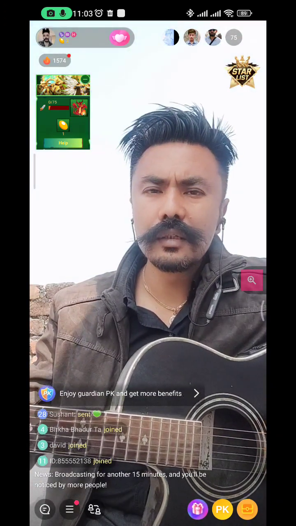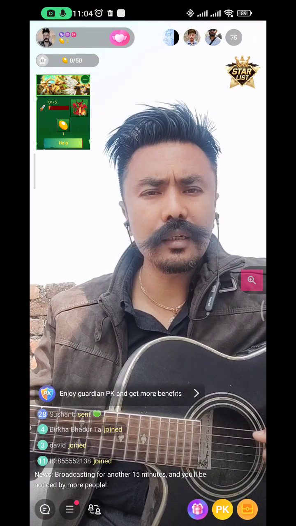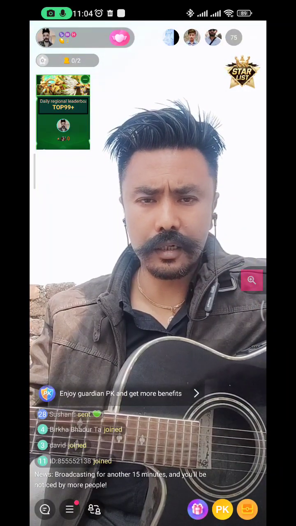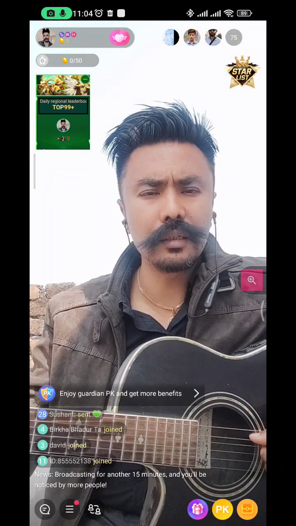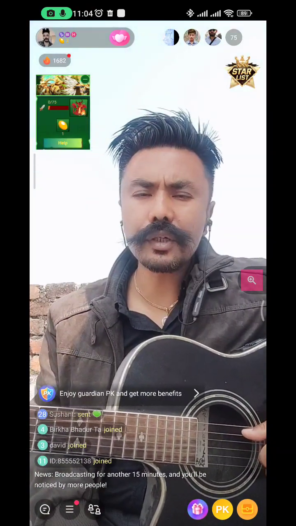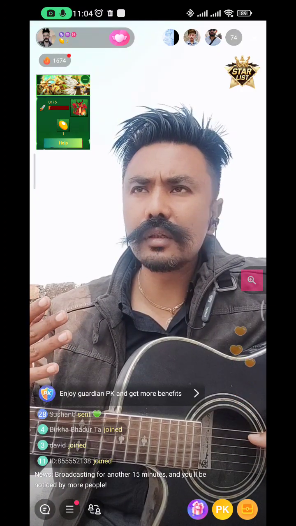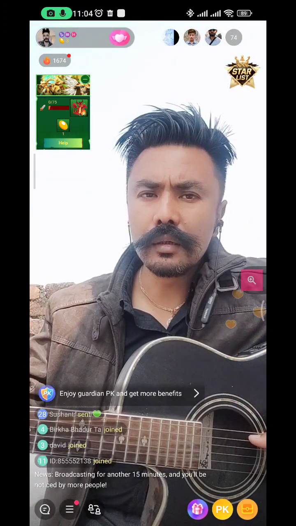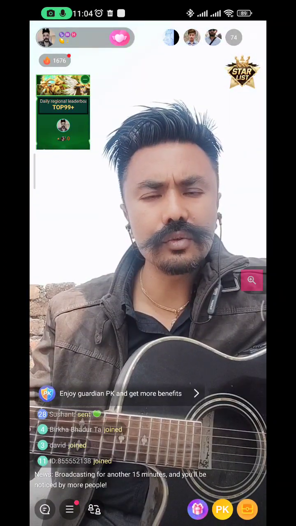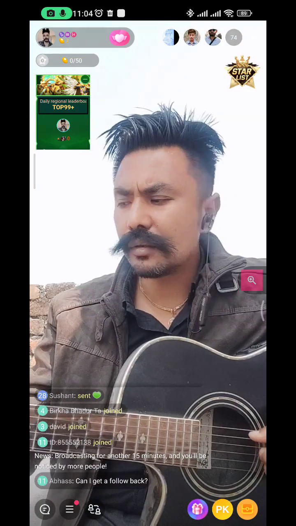So again, here I took a chord and changed to another chord. It is called passing or neighboring chords, to change from this chord to this chord. So this is a passing chord.